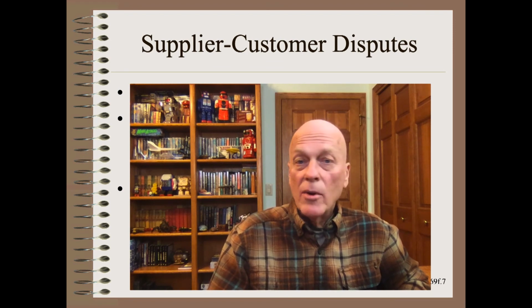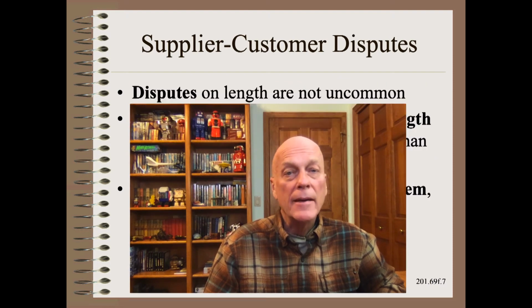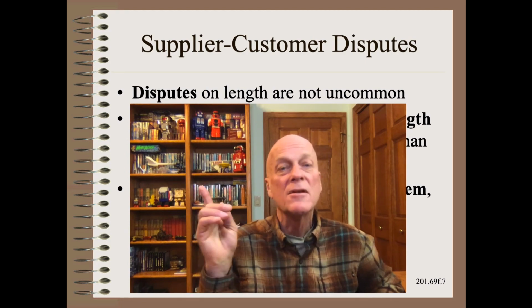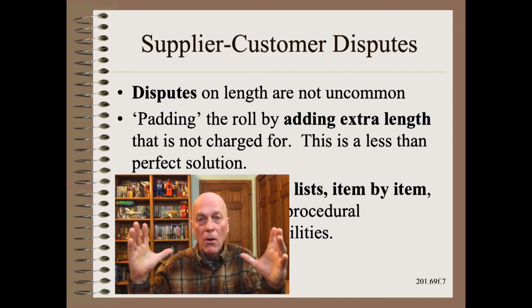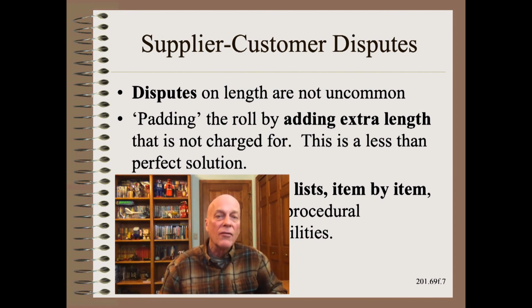As a consequence of the many potential issues just listed, supplier-customer disputes for roll length are not uncommon. If suppliers are faced with a dispute, the first response is often to pad the roll by adding extra length that's actually not charged for.